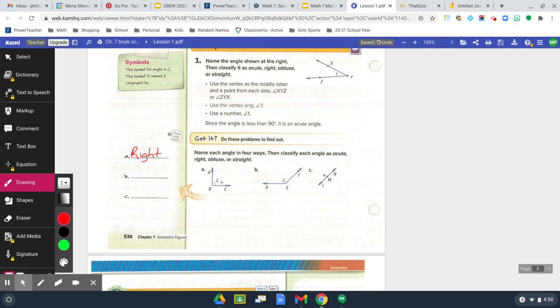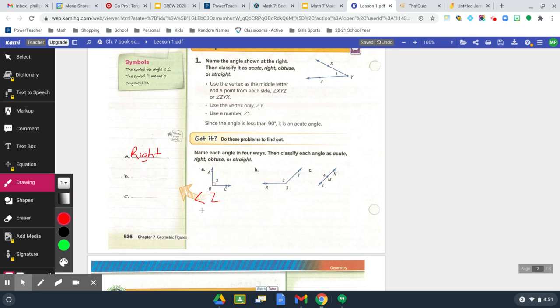And so we can take angles and classify them based on what we see and how they're labeled. And so what I mean by that, we can call this angle 2. So that 2 in the corner right there, we can absolutely call that angle 2.